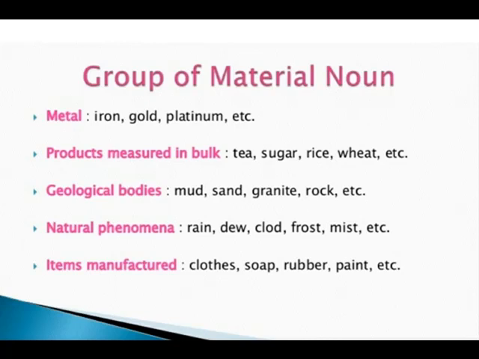A material noun is a name of a substance out of which we prepare something else. Some other thing is made. You can understand this by the examples, like iron, gold, platinum. With platinum, earrings, rings, necklaces, anything can be prepared.